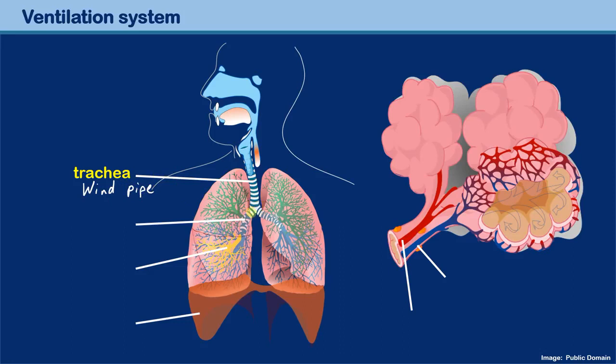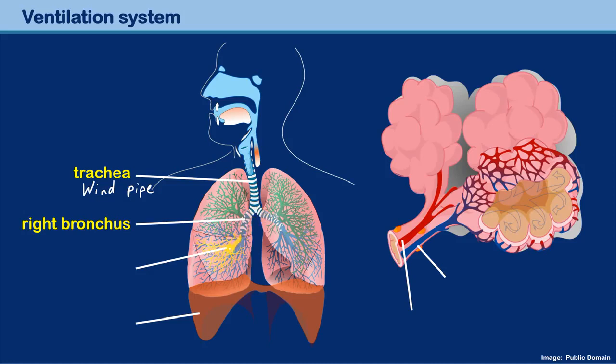You see that the windpipe splits up into two parts, and this one is referred to as the right bronchus because seen from the person's view it's on the right side, and this one of course must be the left bronchus.